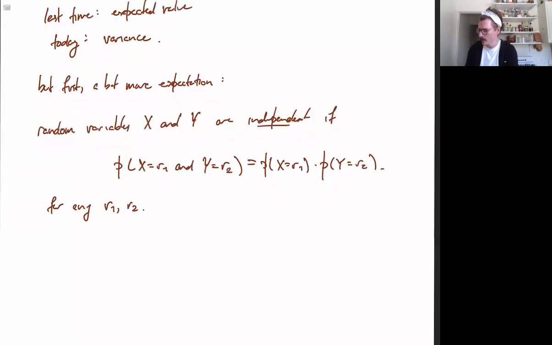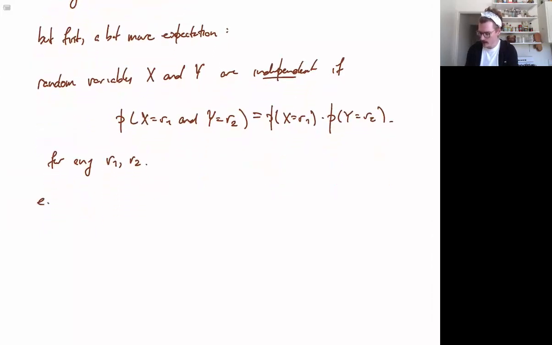So let's give an example though, in any case. So roll 2 dice. X1 will be the random variable that is the first die. So it will be uniformly distributed on the outcomes 1, 2, 3, 4, 5, 6.